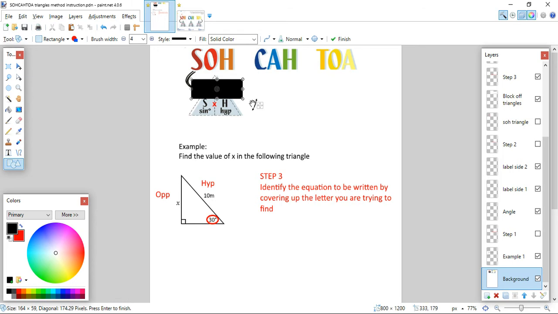And then you can see what's left there is the calculation we need to perform. So our calculation is going to be sine theta times hypotenuse. Now theta is just representing whatever our reference angle is.